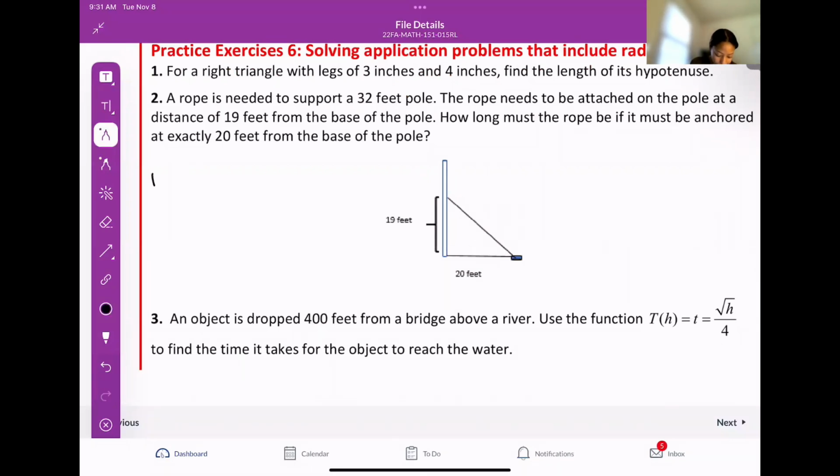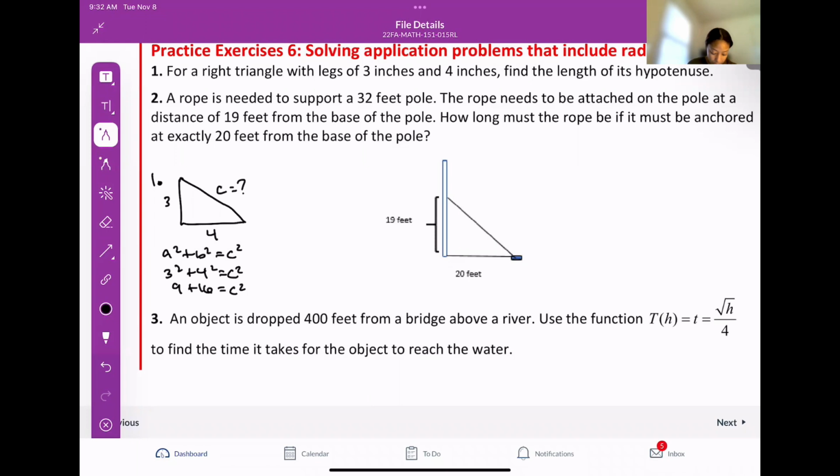For number 1, we don't have a picture for this, but we can draw it. We have a right triangle. And we're told that the legs, or the short sides, are 3 inches and 4 inches, and we're asked to find the hypotenuse. Remember, the relationship is a squared plus b squared equals c squared. So that would be 3 squared plus 4 squared equals c squared. 9 plus 16 equals c squared.